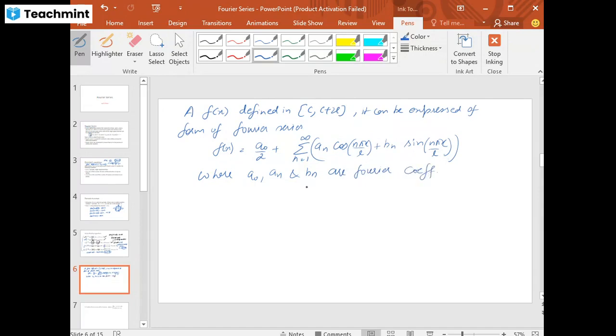Okay, and the value of the Fourier coefficients can be obtained with the help of this formula. A naught is 1 upon L integral c to c plus 2l f of x dx.